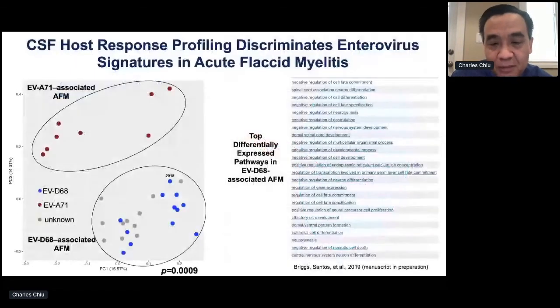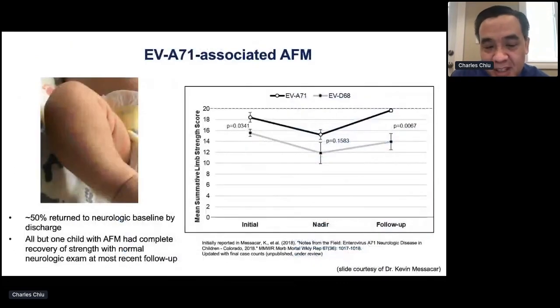In particular, we've been trying to address whether we can use this model to distinguish between patients who have D68 versus enterovirus A71 associated AFM. This is really important because, as shown by work by my colleague Dr. Messacar, the outcomes are quite different.